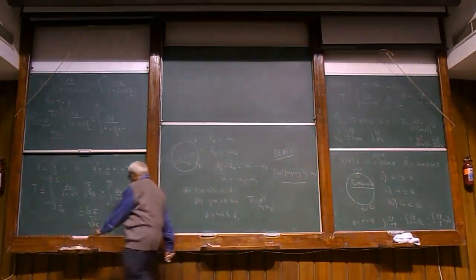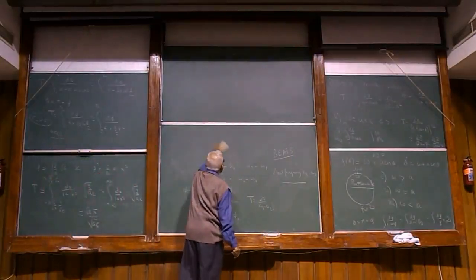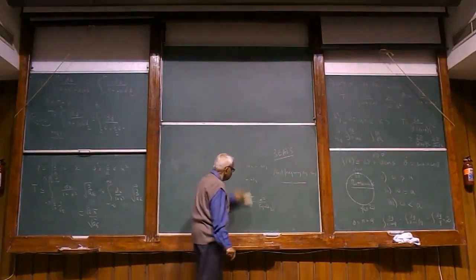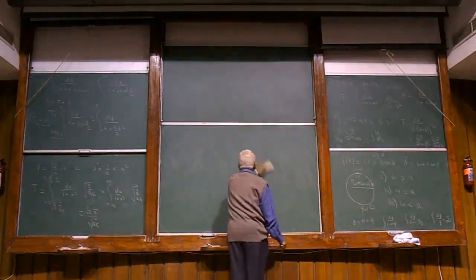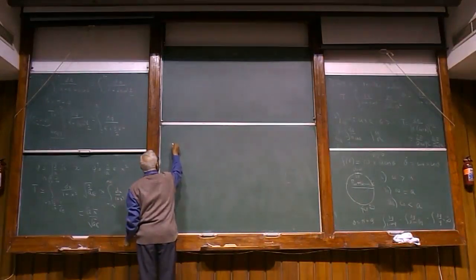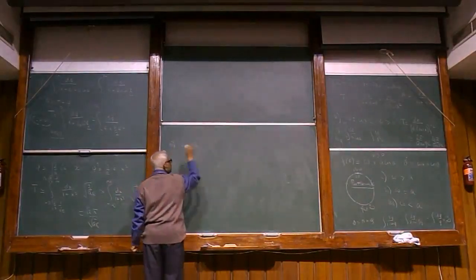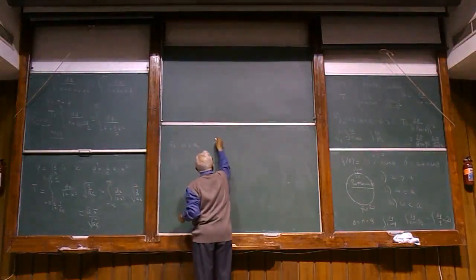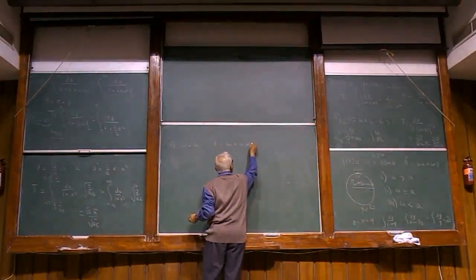Now case 3 is when omega is less than A, and then theta dot equals omega plus A cos theta.